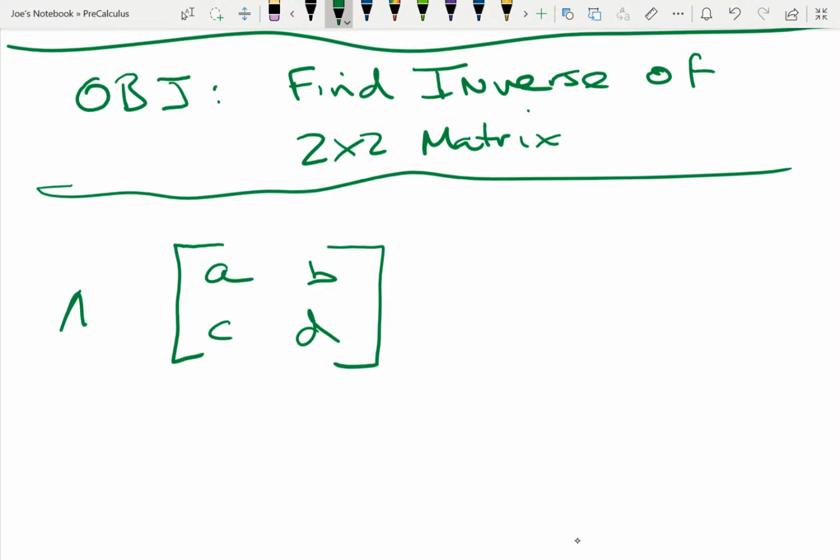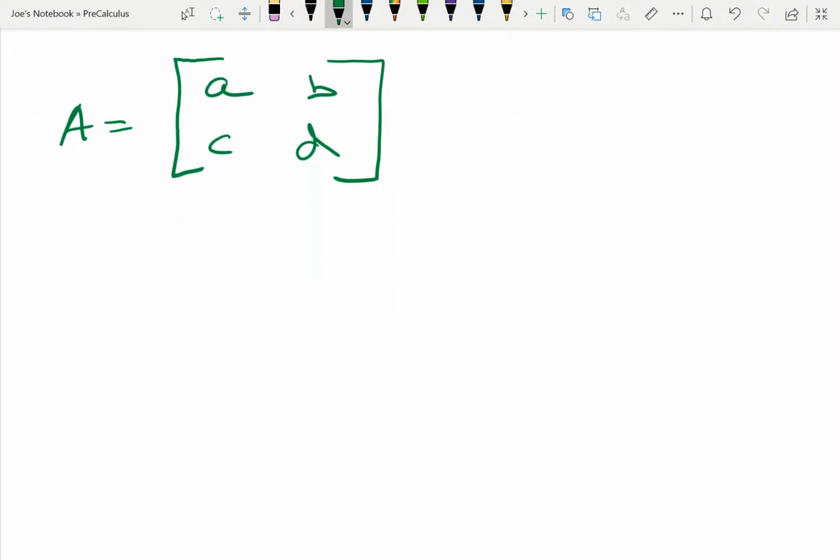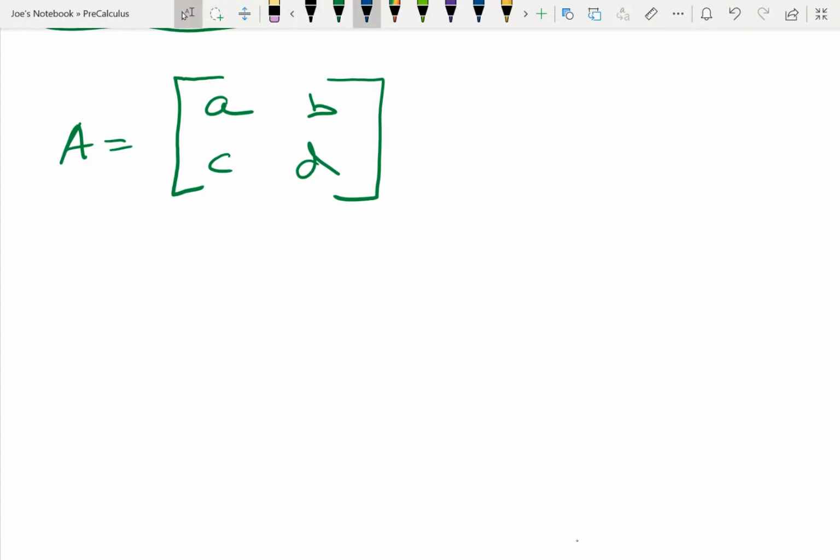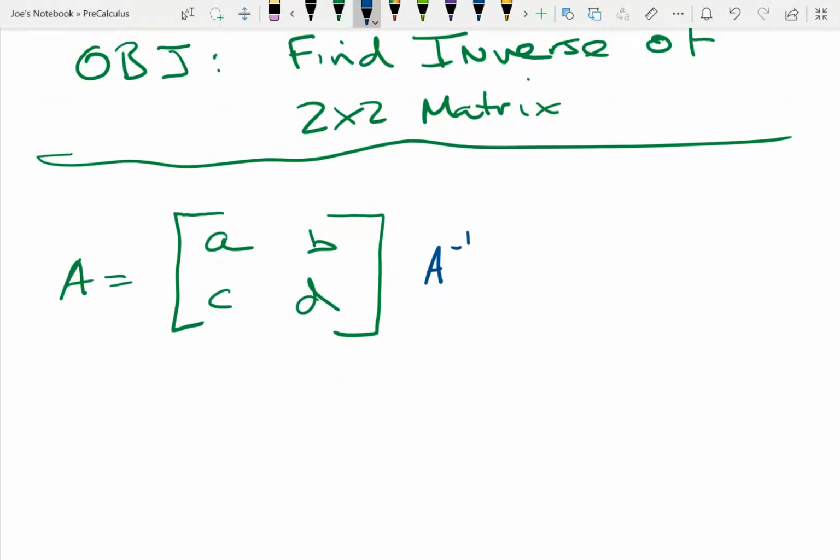And if this is matrix A, then A inverse would be 1 over the product of the diagonals, so AD, minus the product of the other diagonal, BC.